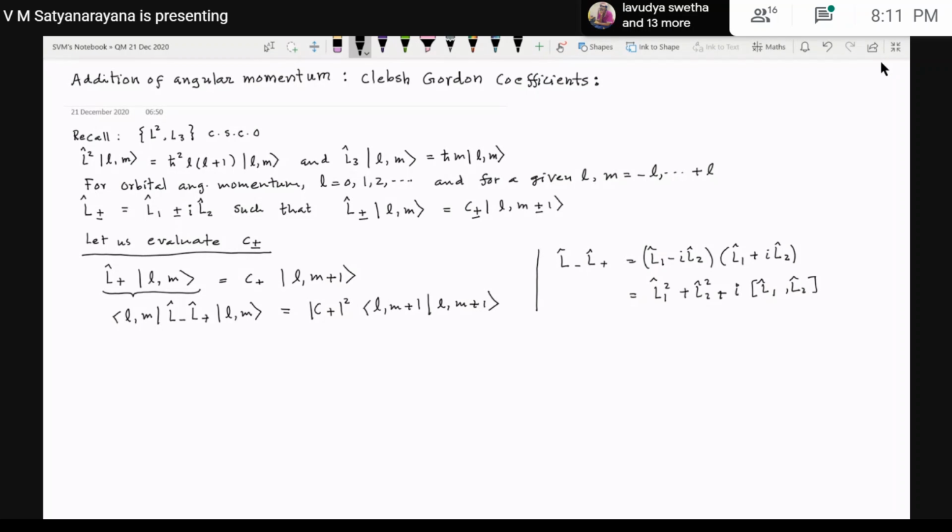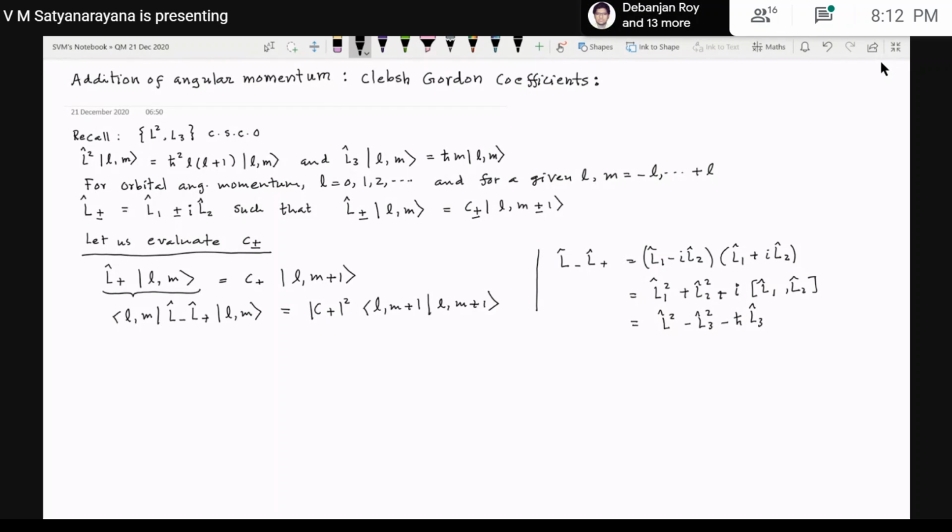Because L1 L2 is with plus sign and L2 L1 is with minus sign, this can be written as L square minus L3 square, that is L1 square plus L2 square, plus, since the L1 L2 commutator is i h bar L3, you will have minus h bar L3.